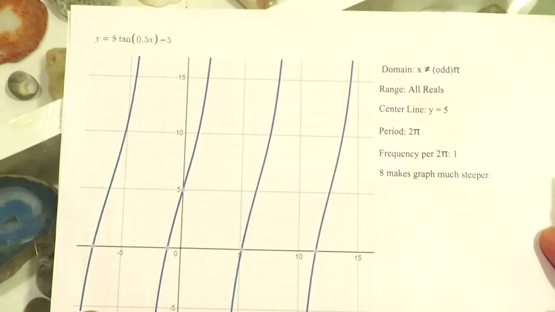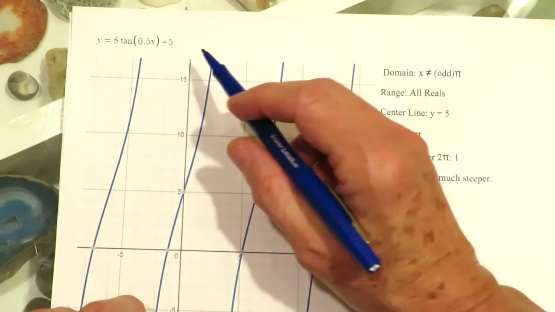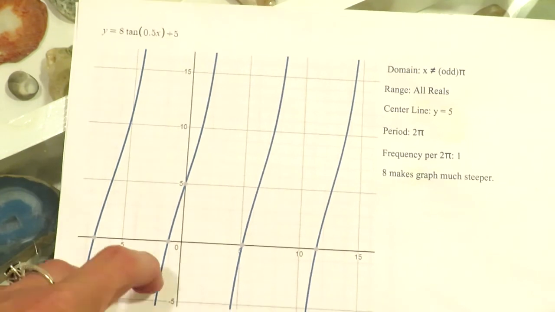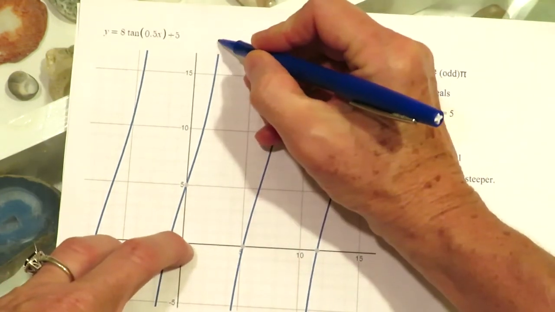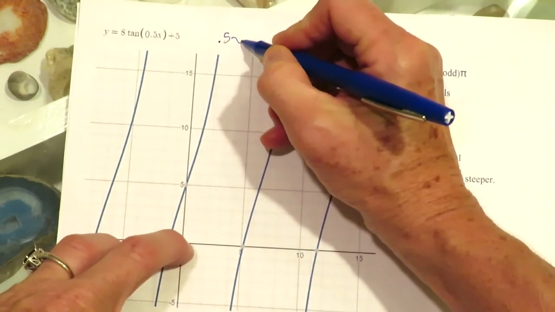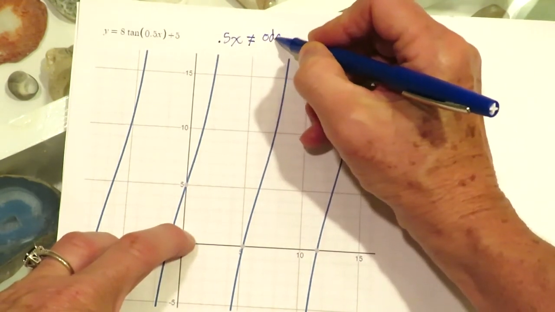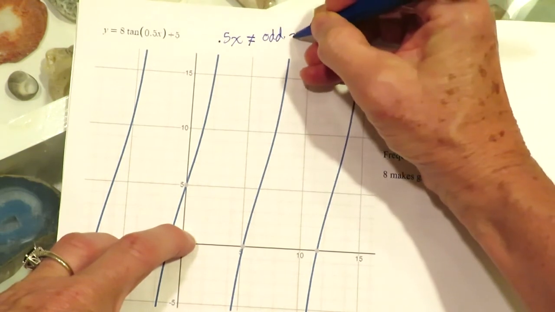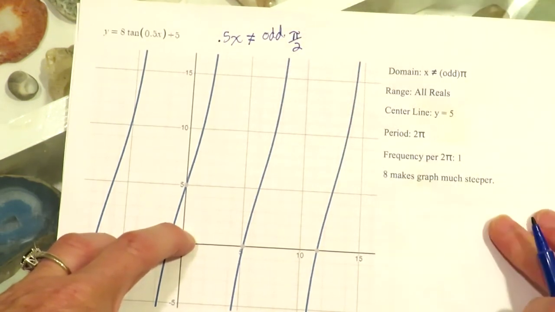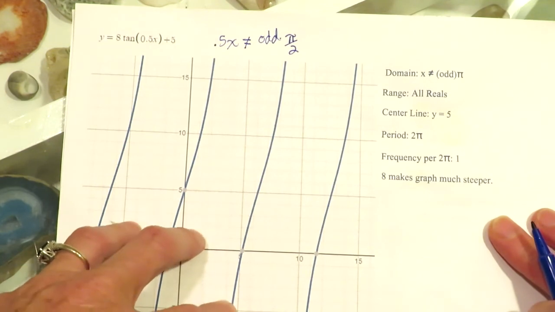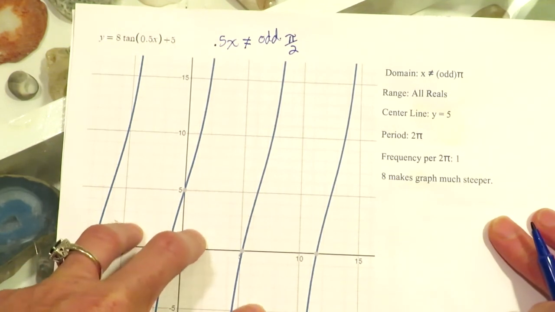because the 0.5 multiplying the x is slowing the cycle down. If you actually remember that tangent has you dividing by cosine, what's inside of the tangent cannot equal an odd multiple of pi over 2. But I have 0.5 times x not equaling an odd multiple of pi over 2.